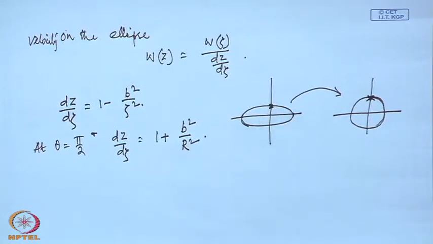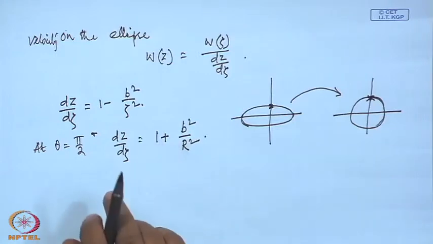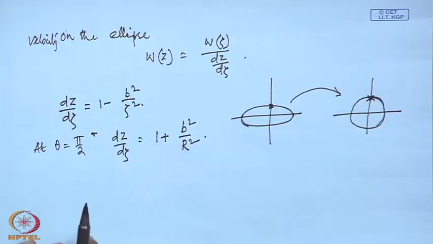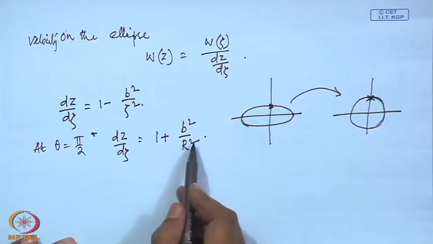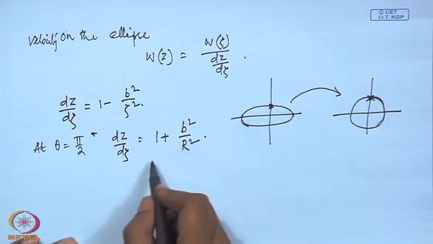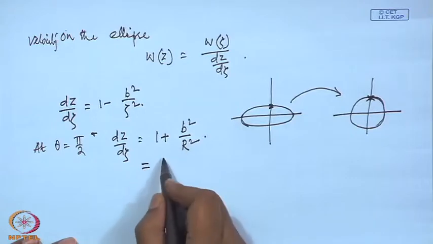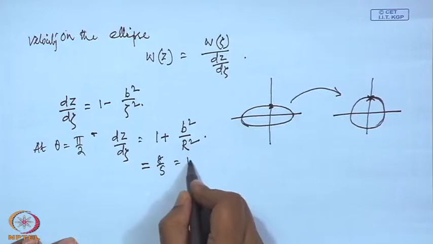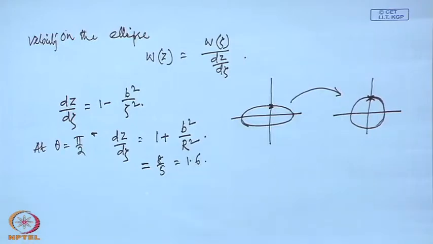So, that i square becomes minus 1. So, it has become plus. So, this becomes 1 plus 3 by 5, that is 8 by 5 equal to 1.6. So, you see that we do not need either B or R, what we need is B by R.